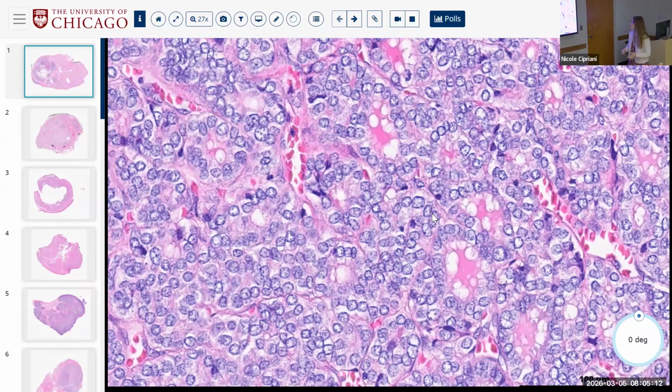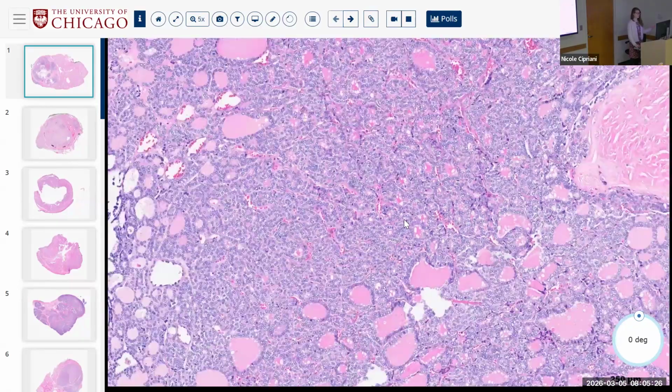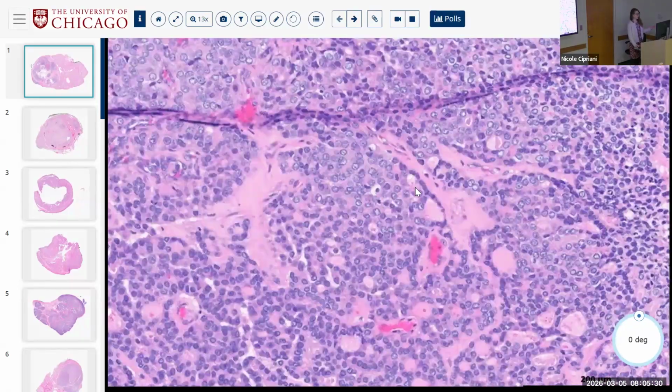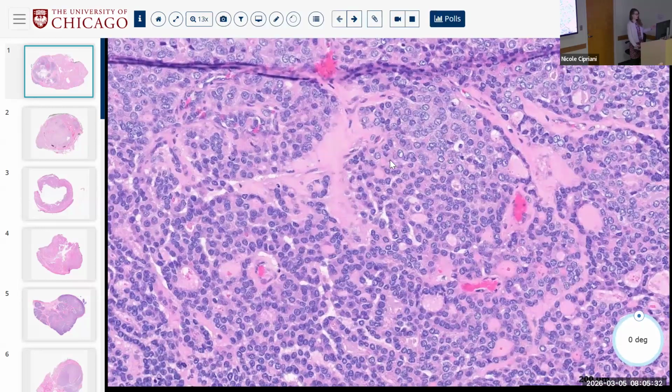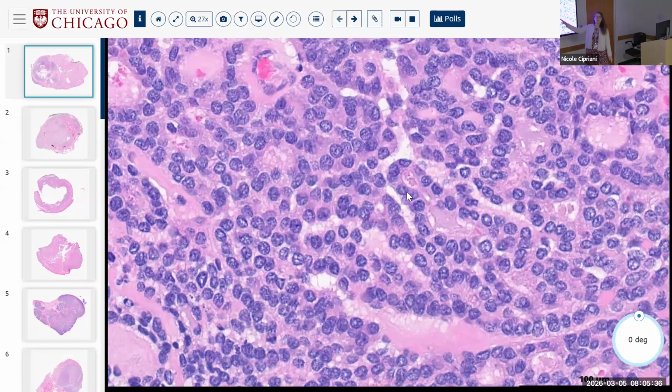Not really, right? So the point I'm trying to make here about the nuclei is that in any tumor and in any given field, you may or may not find some features that are kind of suggestive of a papillary feature. However, in the absence of robust nuclear features of papillary carcinoma, we can let a lot slide. The other feature is that if you scoot around different areas, totally different.